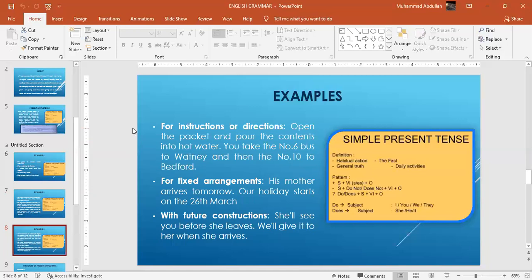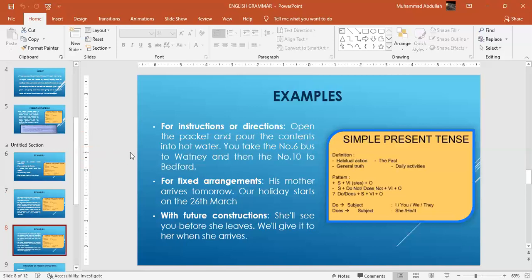The second example is: you take the number 6 bus to Watney and then the number 10 to Bedford. This is a sort of direction, used to lead someone somewhere. It is also given in present tense. You take.